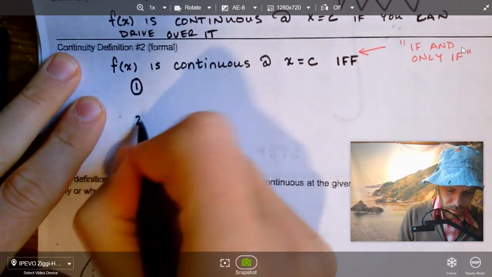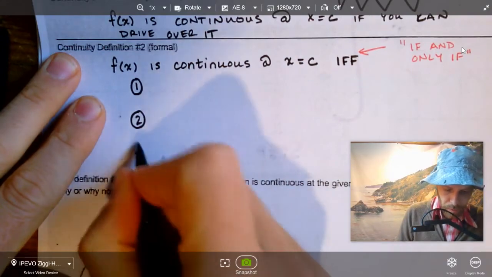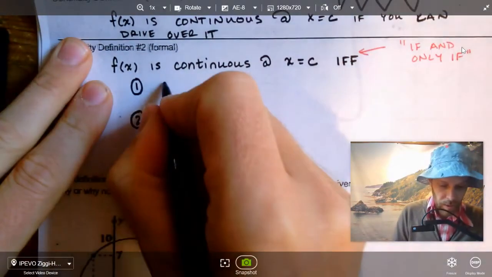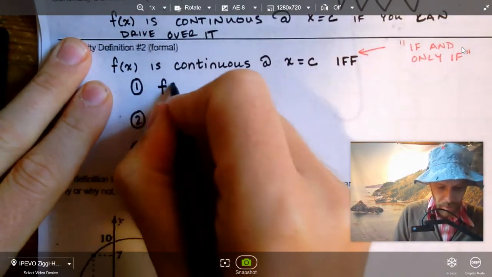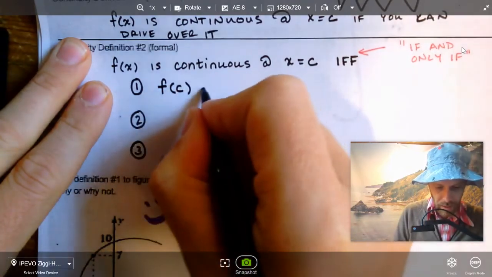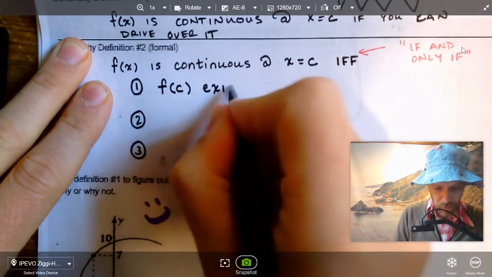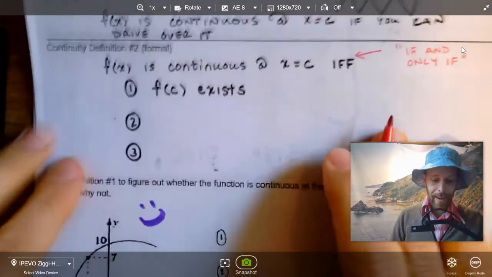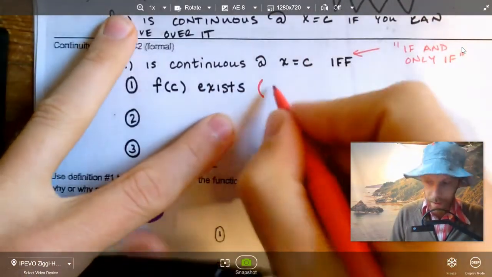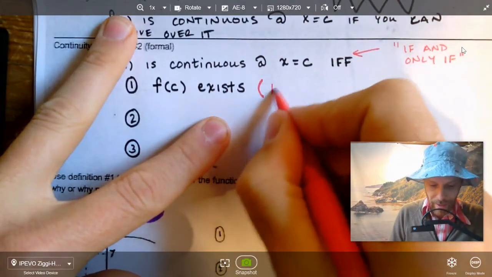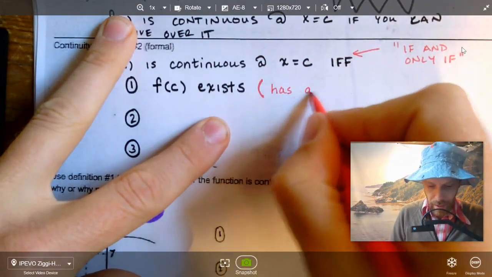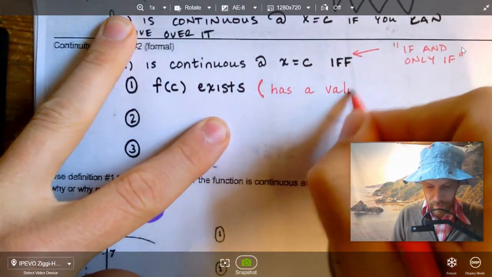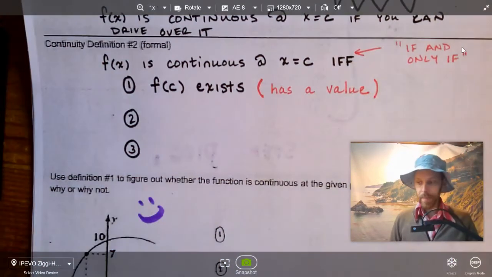1, 2, 3. The first is this. f of c exists. Another way to put that is that at the point we're talking about, the function has a value.